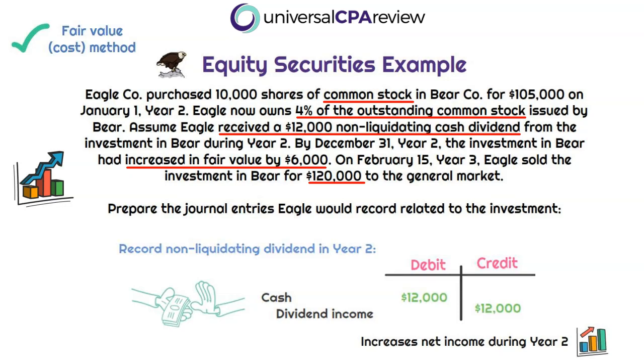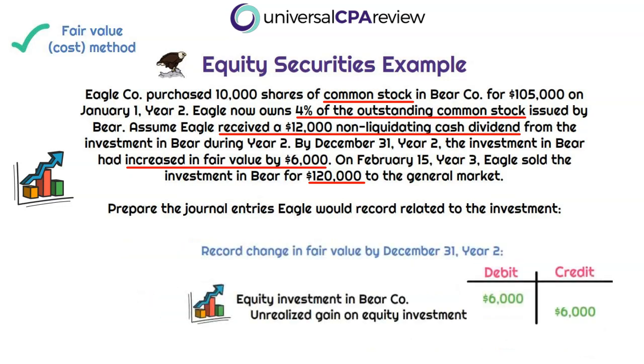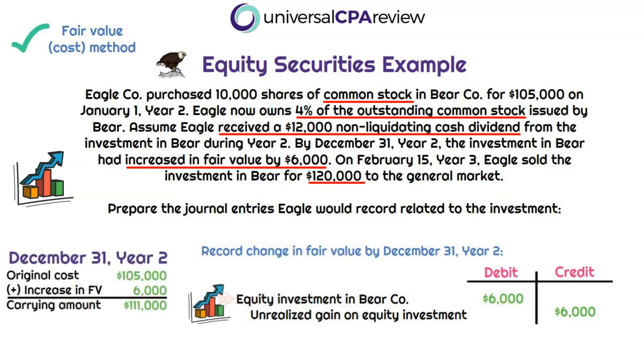So fairly straightforward there. Now we're going to look at the journal entry they would record for the change in fair market value by the end of December 31st, year 2, right? It says it increased $6,000, and that is great to know. So since there's an increase in the investment, well, we'll debit the equity investment in Bear Company account on the balance sheet to increase that amount to the fair value.